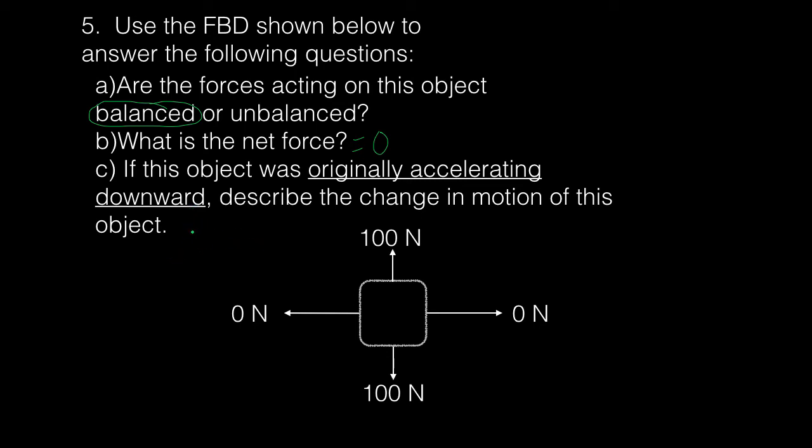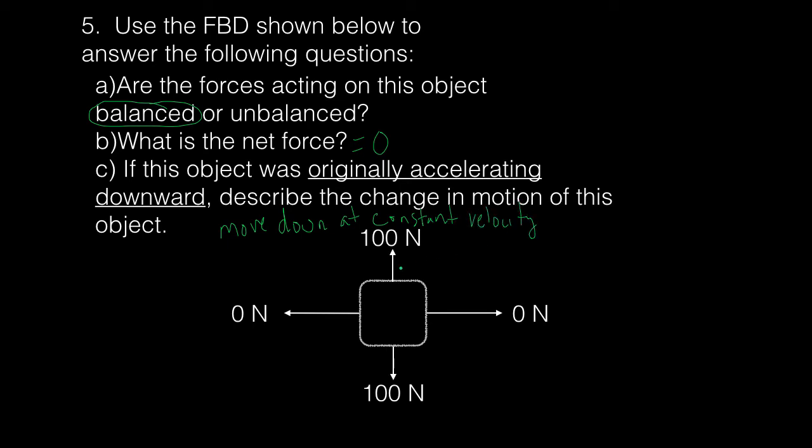So it was accelerating downward, but now it's experiencing no net force. And so this object will continue to move down, but it will move down at a constant velocity.